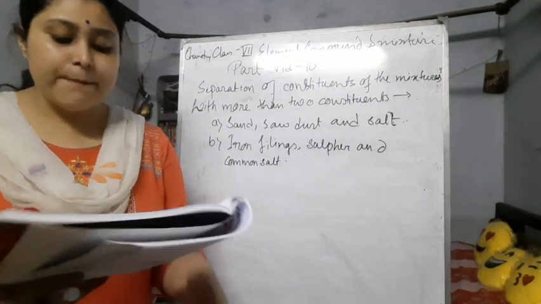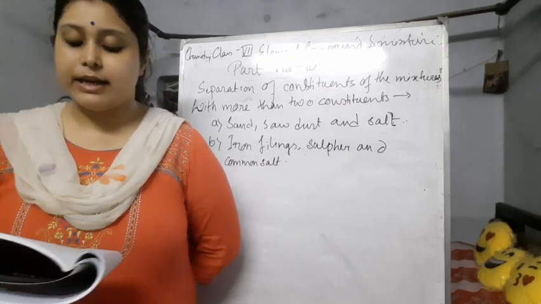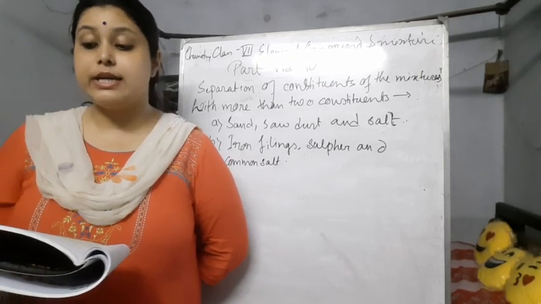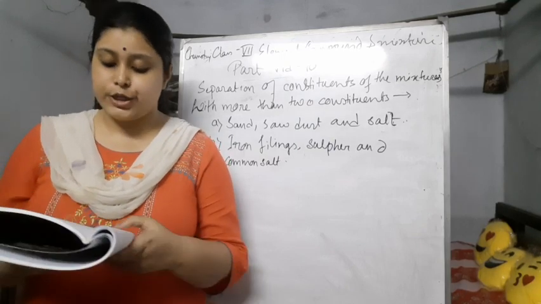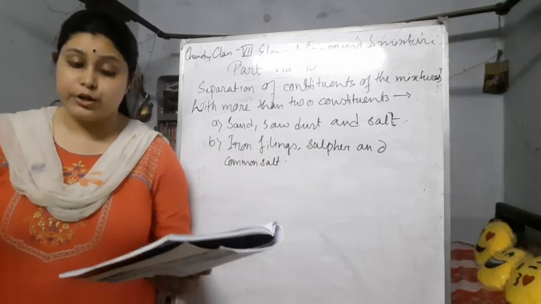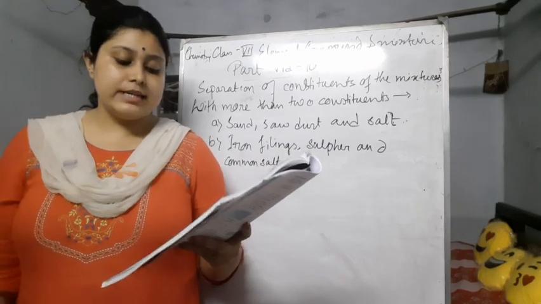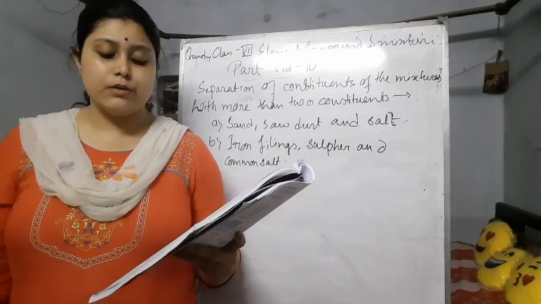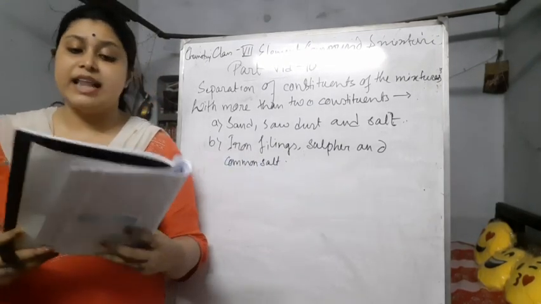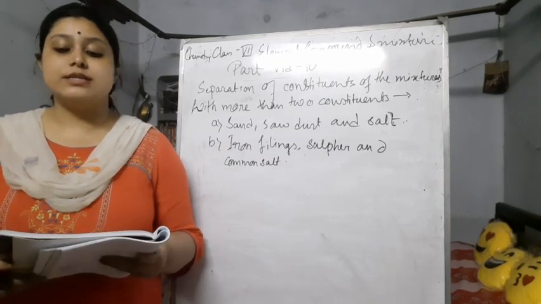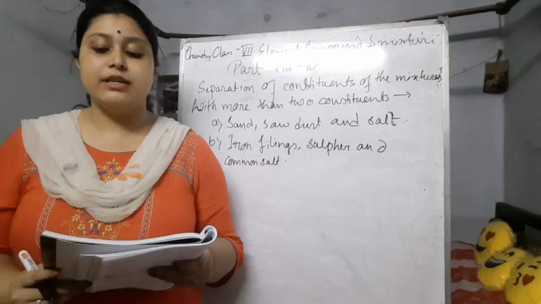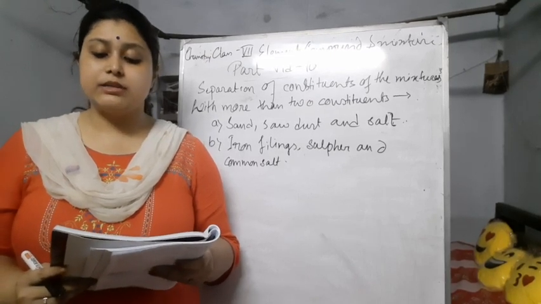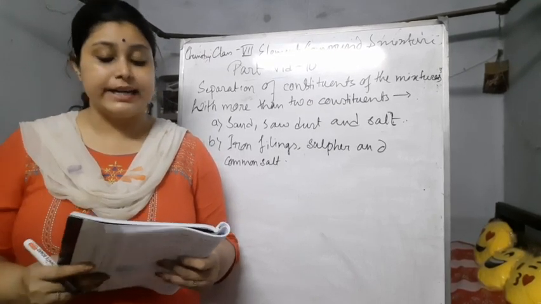The mixture is taken in a glass beaker and water is added to it. Salt dissolves in water, forming a salt solution, because it is soluble in water. The sawdust, being lighter, floats on the surface of the water, while the sand, being heavier, settles down.